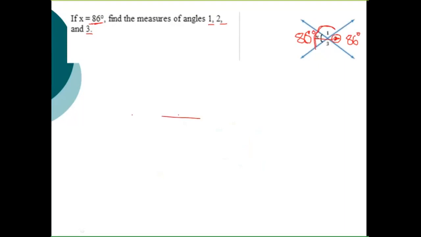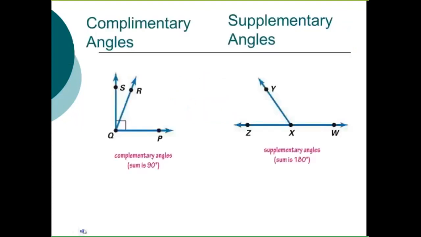And that's because if I have 86 like this, then this leftover part has to add up to 180. So we say 180 minus the 86. And if we do that, we're going to get 94. So this is 94 degrees here, and 94 degrees vertically would also be 94 degrees there. And if I add all that up, I'm going to get 360 degrees.